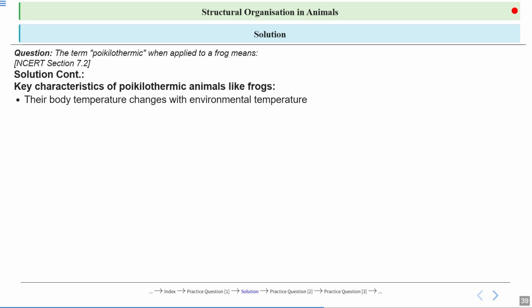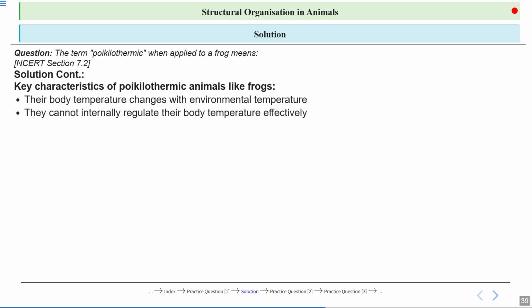So what the frogs do at that time? They go for hibernation. Similarly, in the case of summer season, the temperature is very high and their body temperature also becomes very high. So at that time, the frogs go for estivation, summer sleep, reduce their metabolic activity, not do any work, just go for sleep, right?